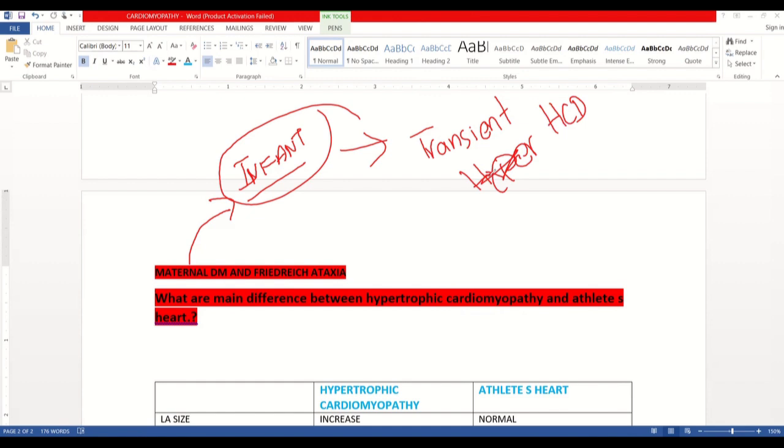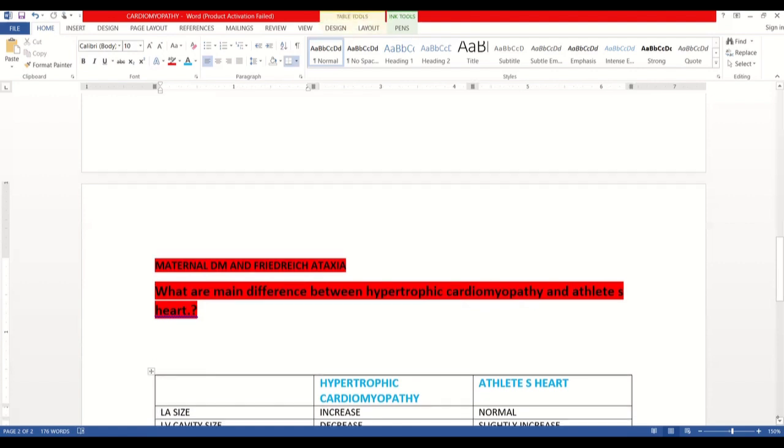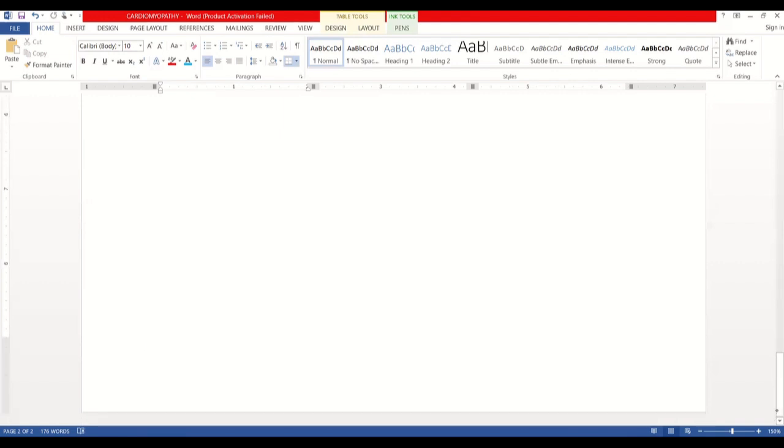What are the differences between hypertrophic cardiomyopathy and athlete heart? These are some high yield points that I noted for you. Okay.